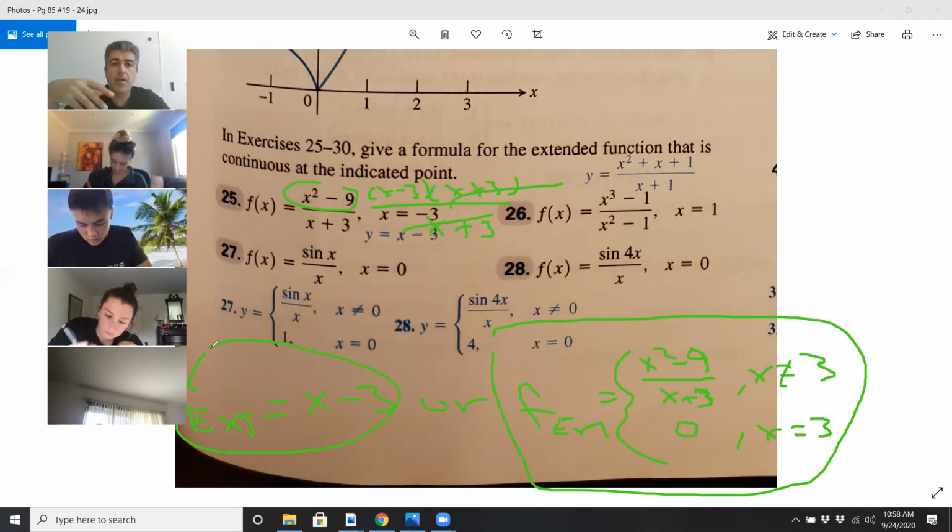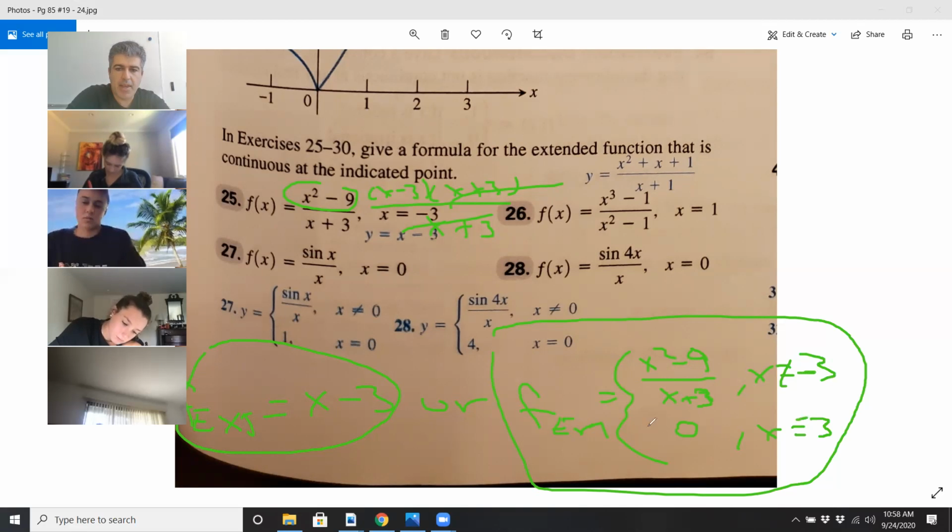So what you do is you can write a piecewise function where one expression is like the original, but state what x value you can't plug in. We can't plug in, I meant to say negative 3, by the way. My bad. And actually, I meant to say this is negative 6. My bad also. Sorry, I messed that one up. So write the function as is, and state what x value you cannot plug in, which is negative 3, not 3.